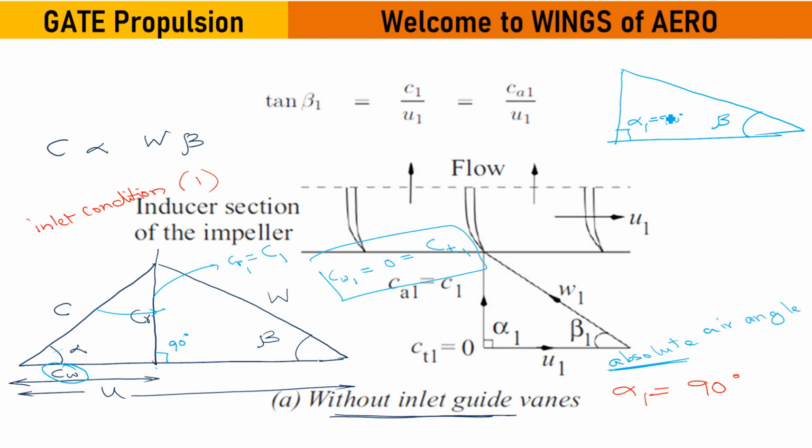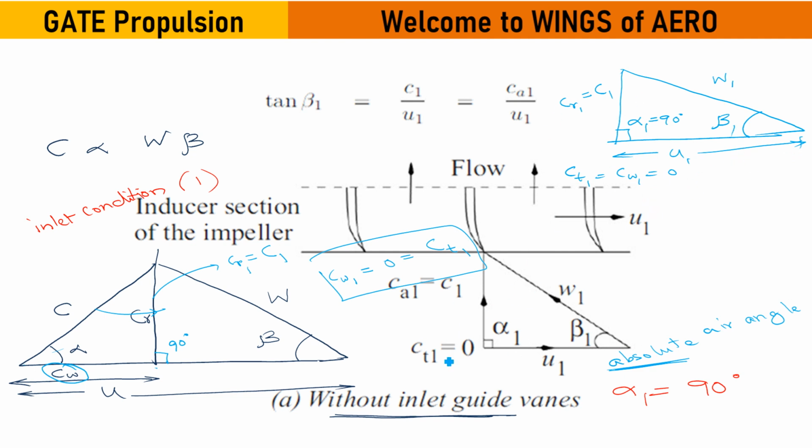So alpha 1 is equal to 90 degree. Fine. So we can say that CR1 equals C1, and exactly this W1 will be W1, and one condition we can see CT1 or CW1 equal to 0, and from here to here is U1 as before.